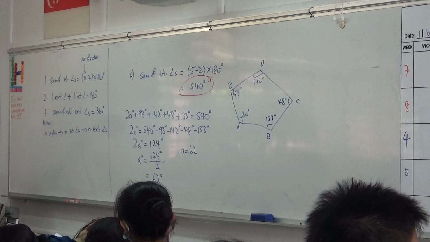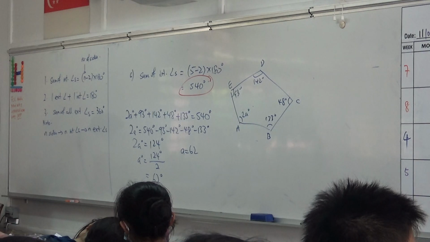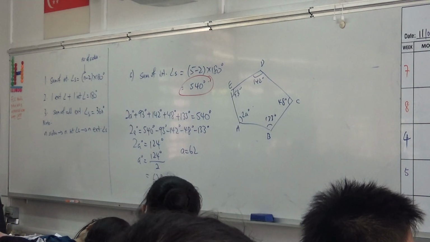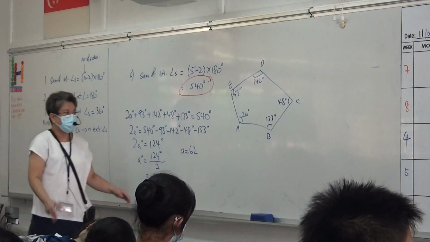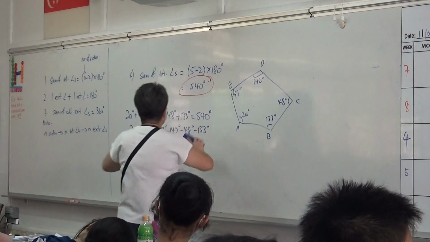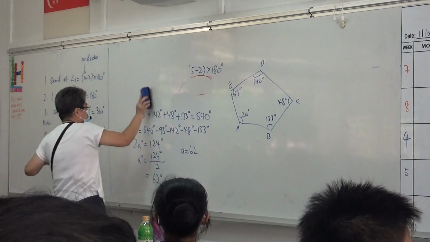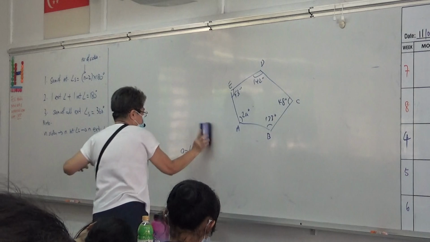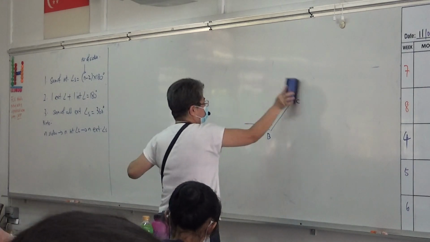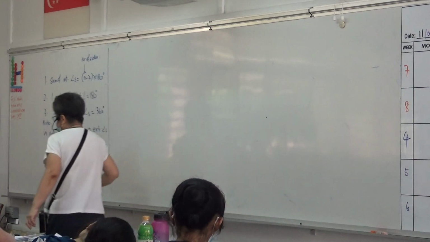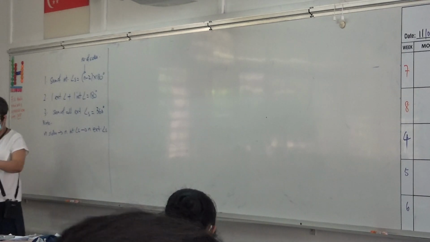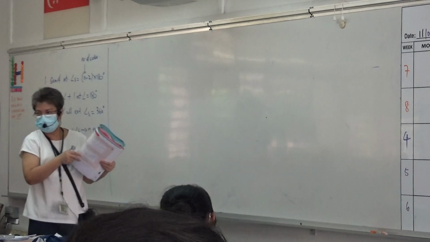Okay, next page. Can we look at example 13? Interior angles of a regular decagon. Just now I told you already, a decagon is how many sides? 10. Okay, very good. A decagon is 10 sides. I want all of you to look at example 13.